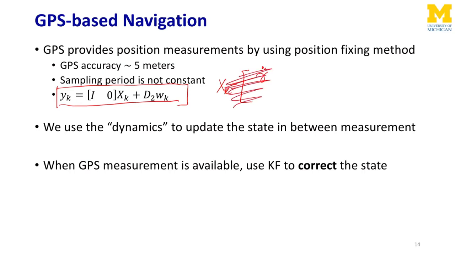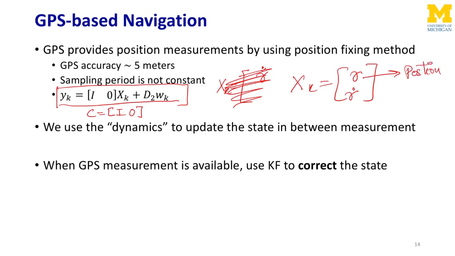Our state was the position and the position's derivative, sampled. So this matrix C equals [I 0] is going to pick up the position component of this state. So this is the model of our GPS.